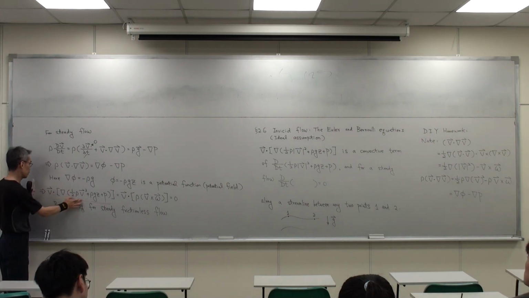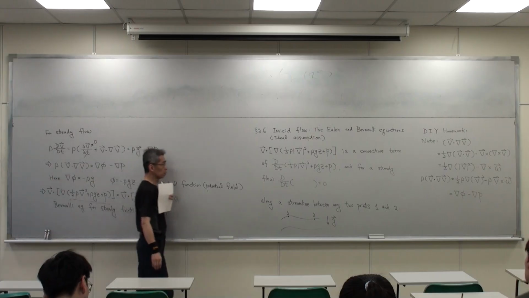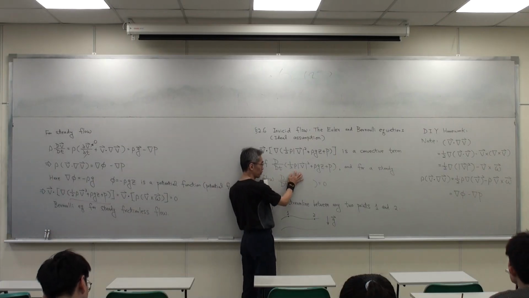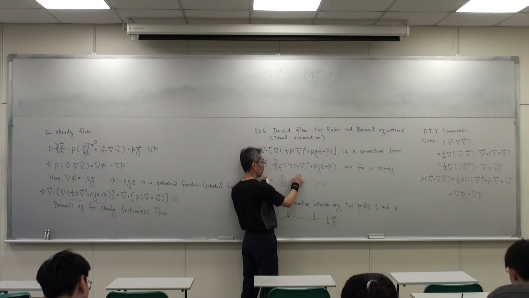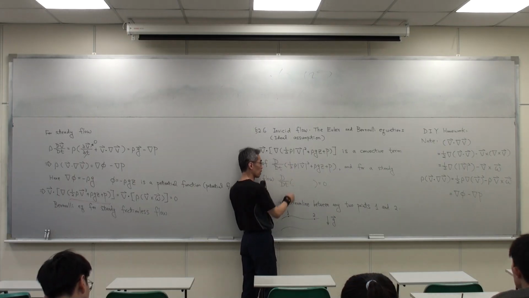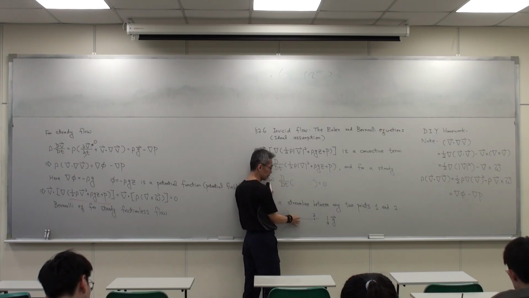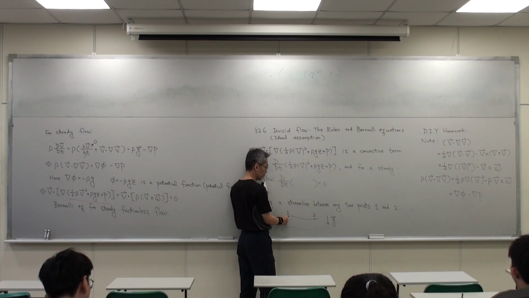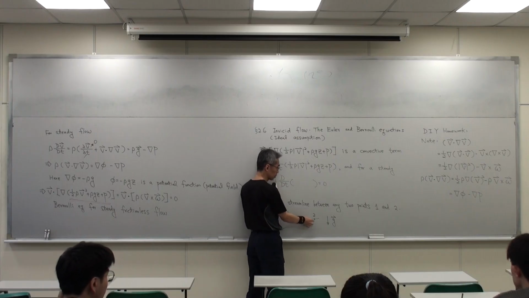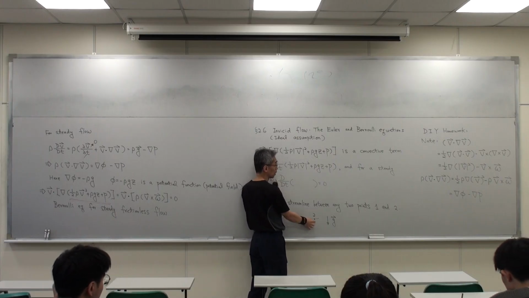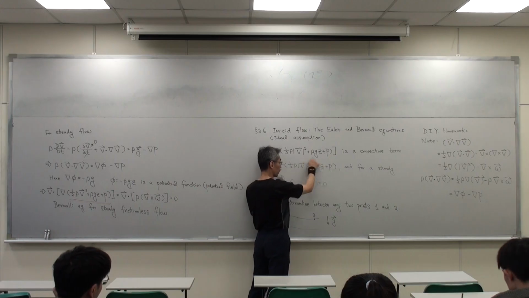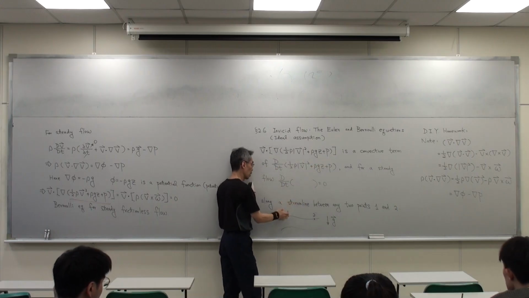We can see this term is basically this Lagrangian derivative, the convection term. That means if we follow the same particle as it goes from here to here, this term will be constant.